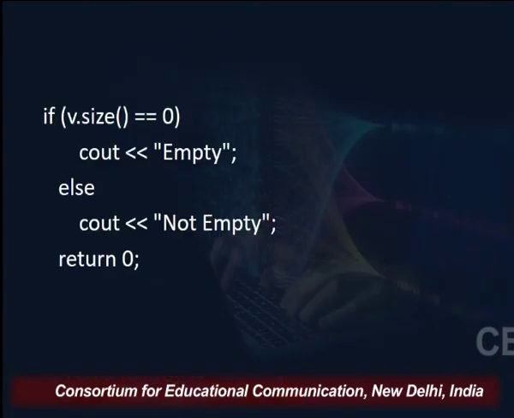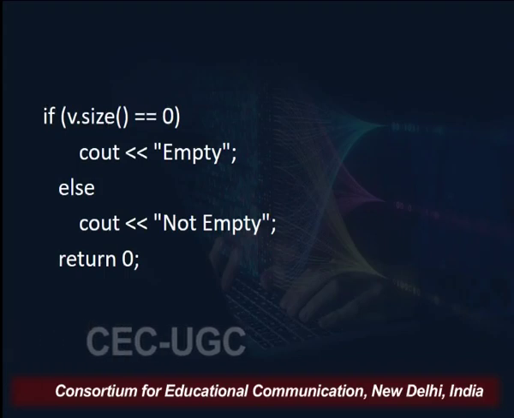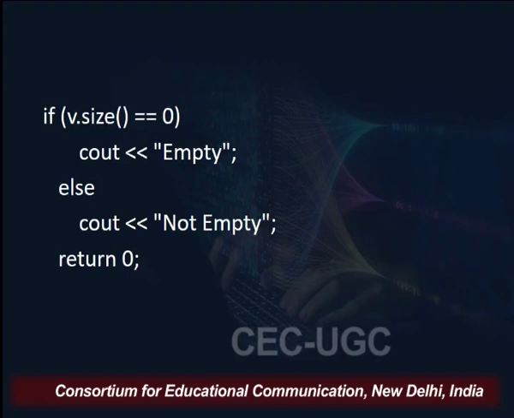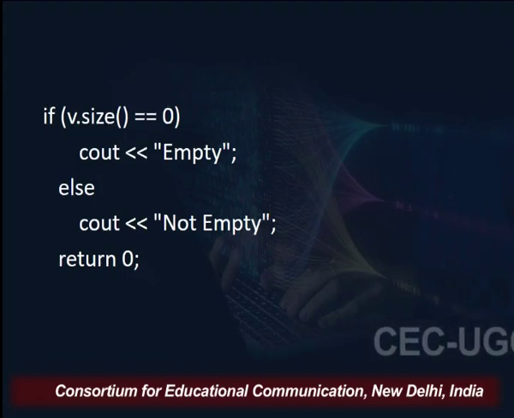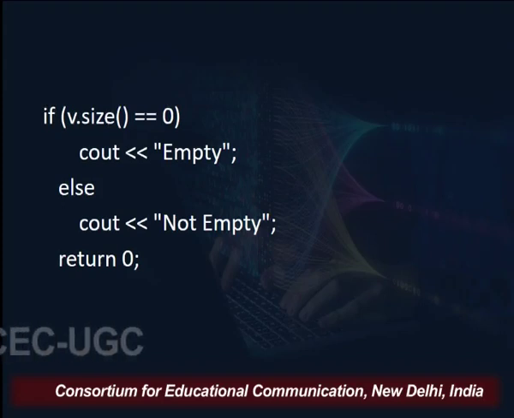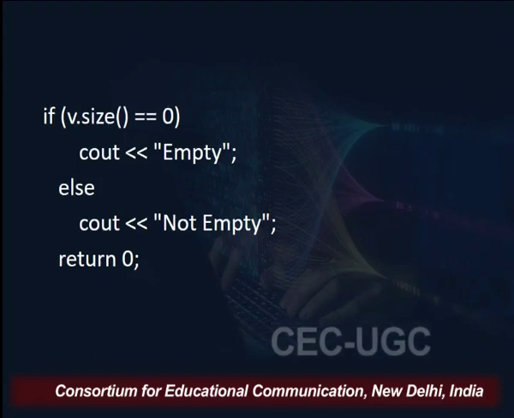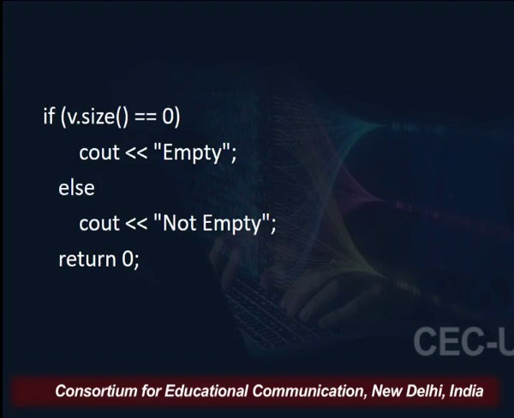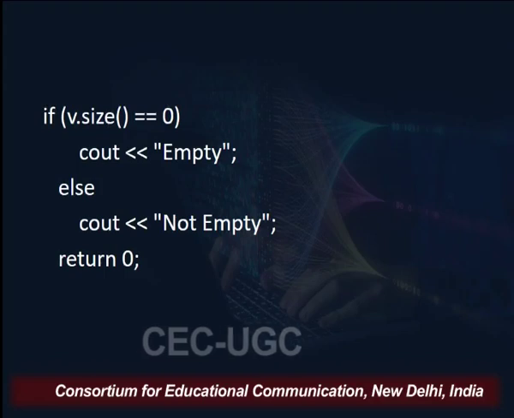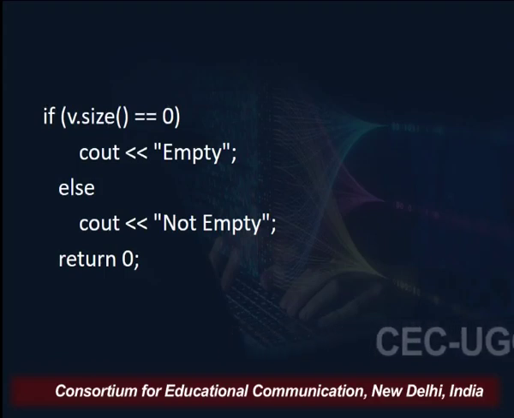Another way of checking whether the vector is empty or not is if v dot begin is equal to v dot end. So, if begin and end are both equal, that means there are no elements. We can use this as it is written on the screen. If v dot begin is equal to v dot end, obviously both are functions, we will write cout empty, else we will write not empty.